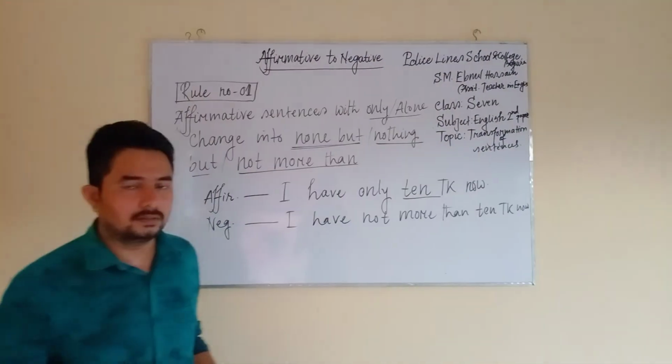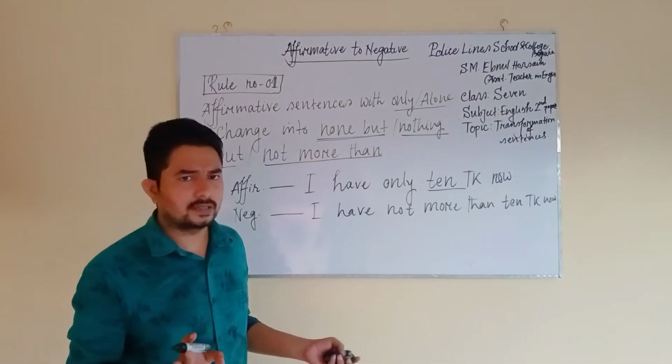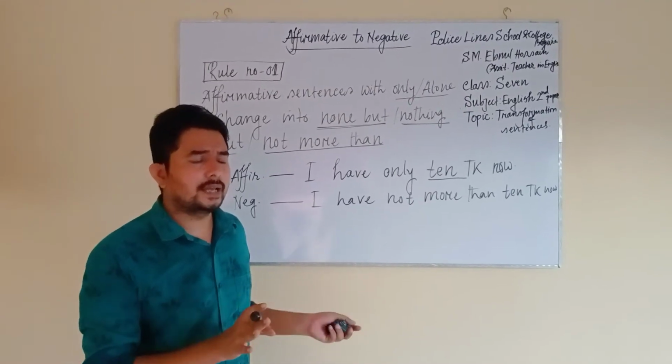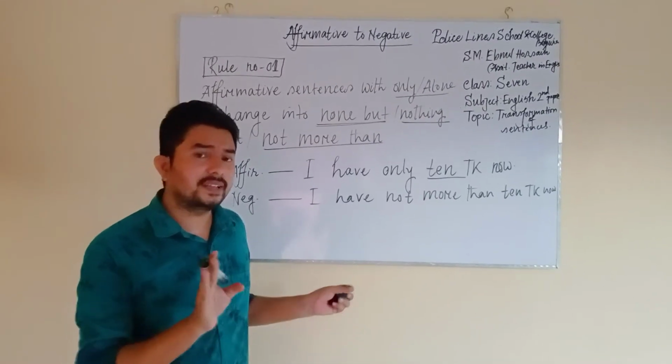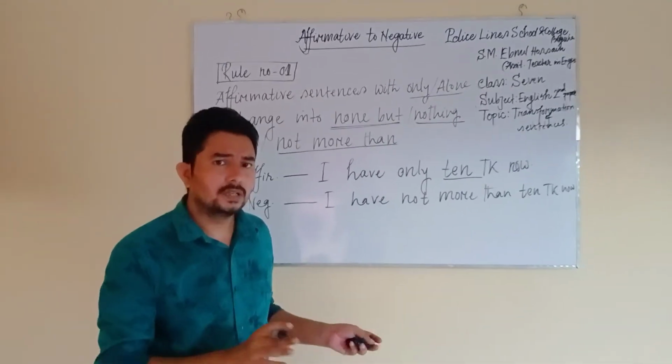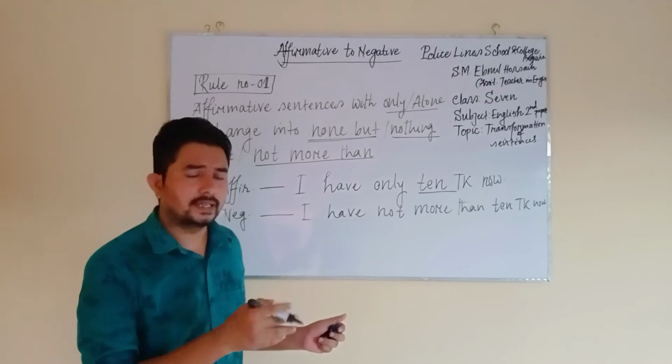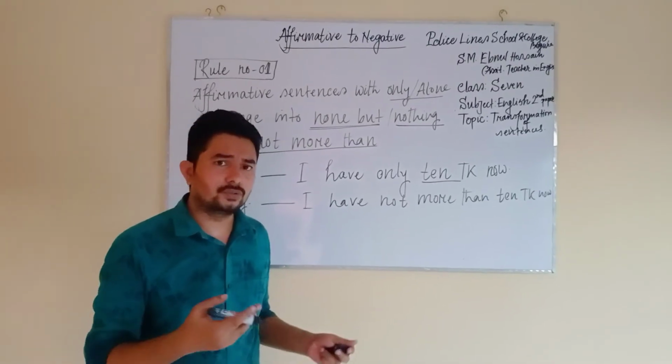So this is our first rule, and this rule is extremely and very important because this type of sentences are frequently said in the question paper. So you must practice the rules again and again to have a good command over it.